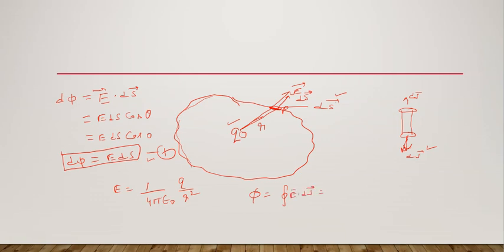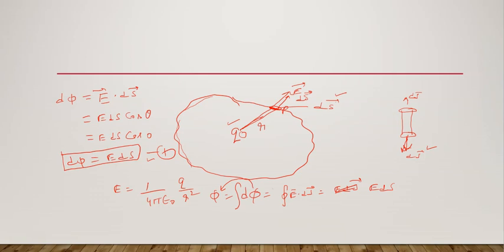Integral of d phi gives phi, so phi equals integral of E dot ds, which equals E ds from equation number 1, removing the vector sign.